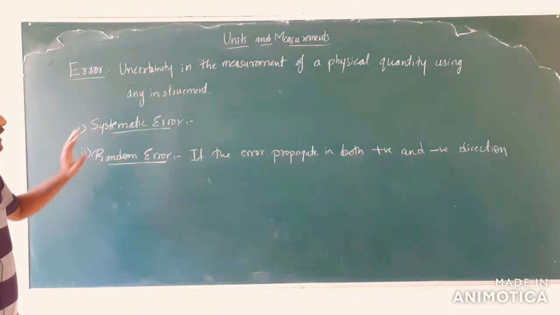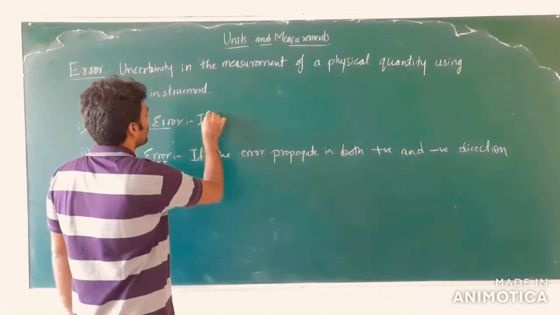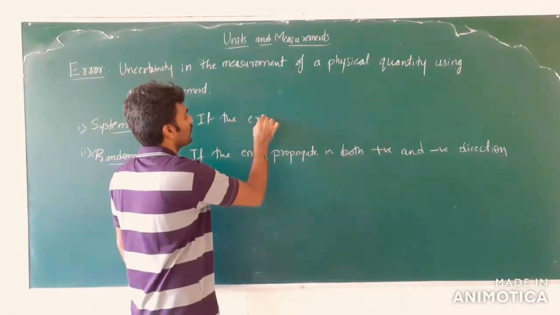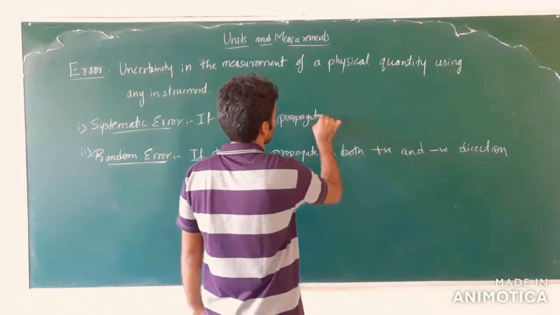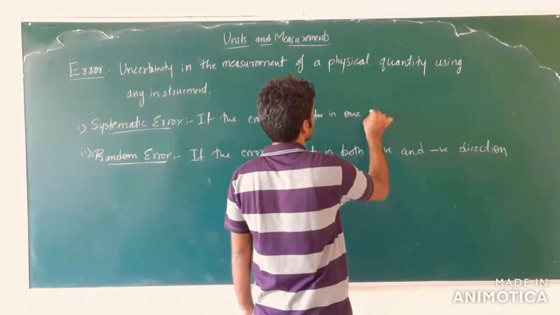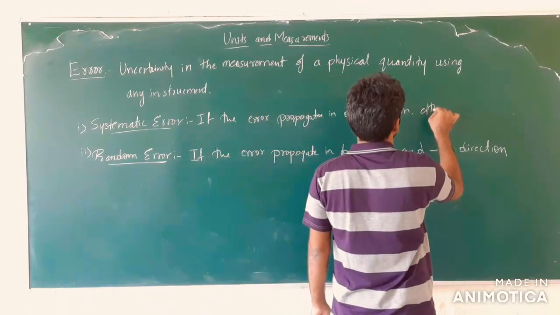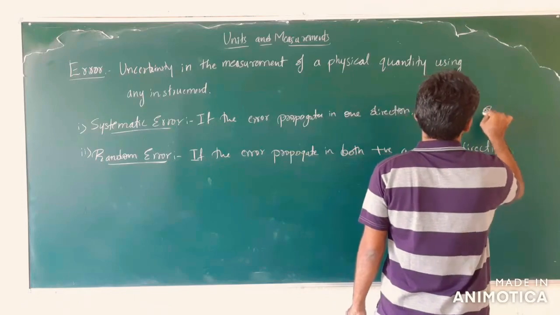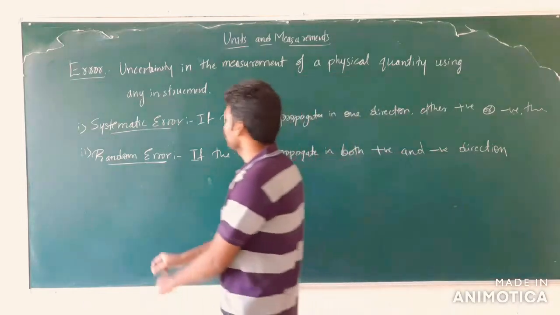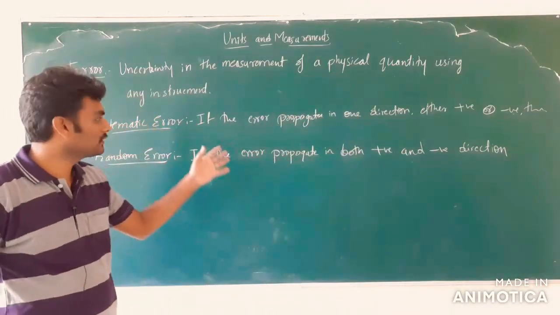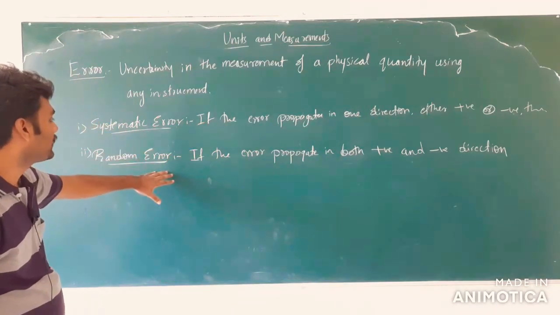Then we have systematic error, exactly the opposite. If the error propagates in one direction, either positive or negative, then the error is considered to be systematic error. This is the basic definition of systematic error and random errors.